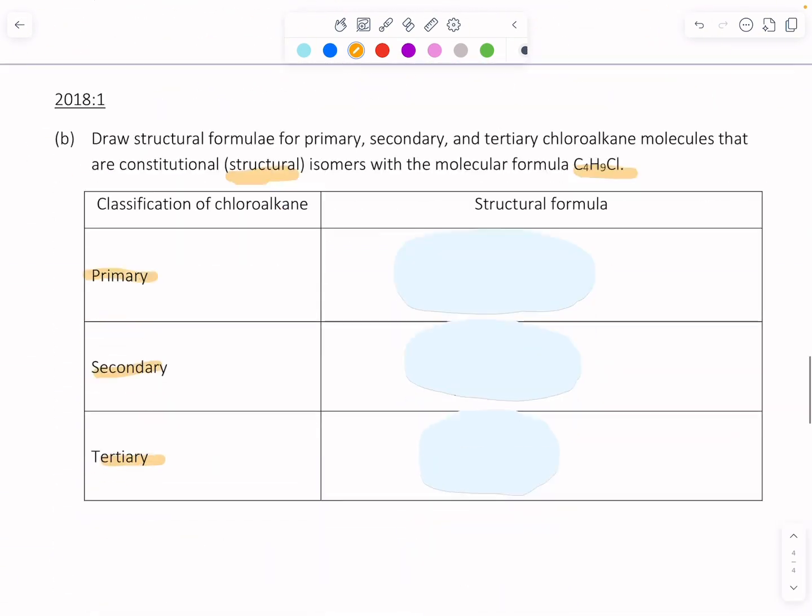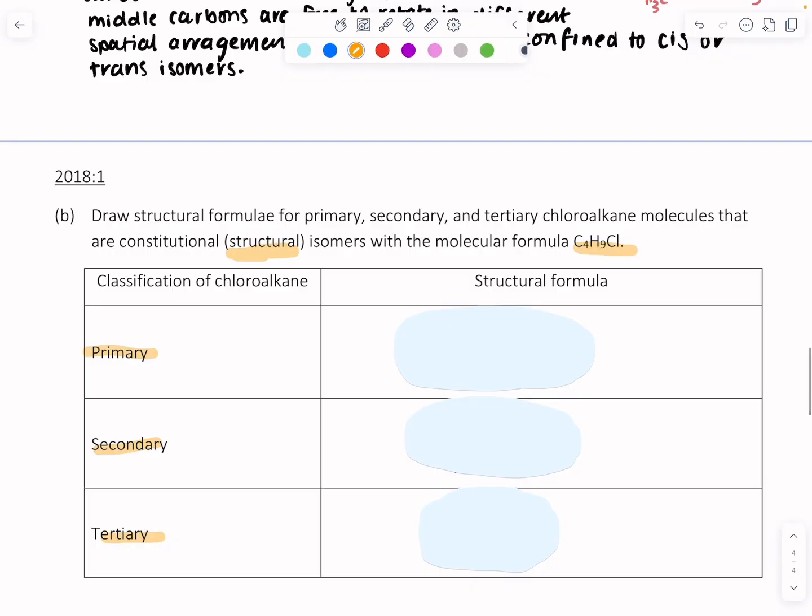There we go. So how do we draw a primary structure? Well, remember, in a primary structure, the functional group of concern has to be bonded to one of the carbons that's bonded to one other carbon.